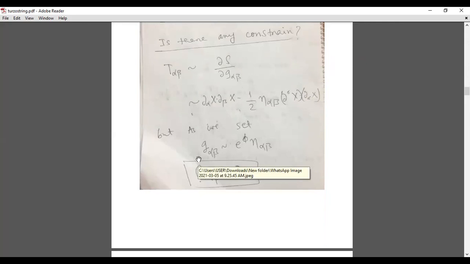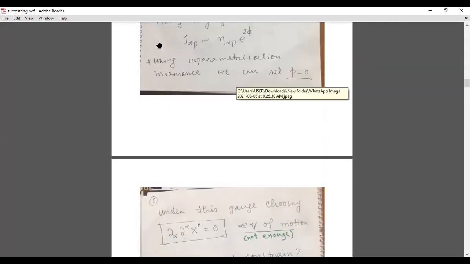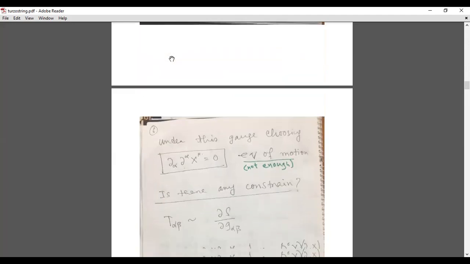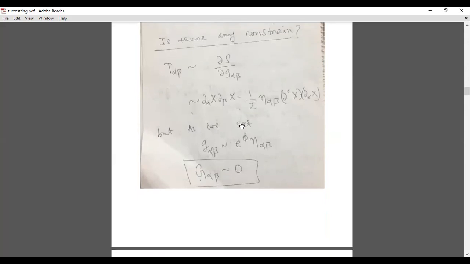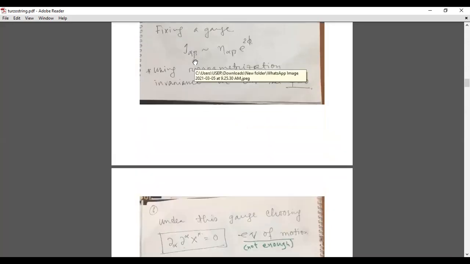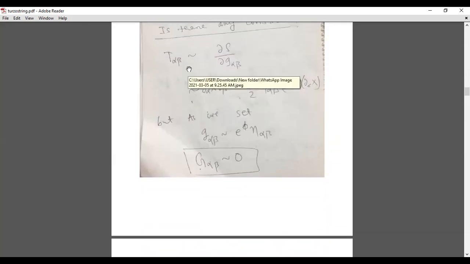So this is your energy momentum tensor, and because we used this special form of the metric, the Einstein tensor for this G alpha beta is always 0, okay? It's always 0. So for the two-dimensional metric we are using, the Einstein tensor is 0, but the energy momentum tensor is something like that.